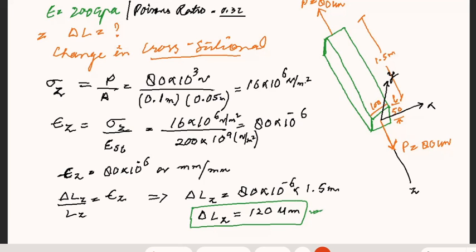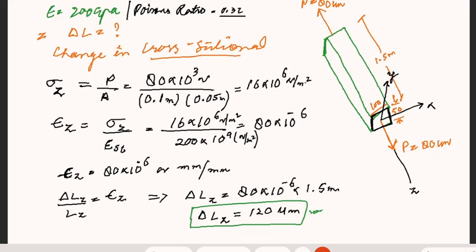Now we want to know what actually happens in the cross-sectional dimensions, right? We are concerned with what has happened in the cross-sectional dimensions. They both will get reduced, right? If it has elongated axially or longitudinally, then in both the directions, mind that it's not only in one direction.